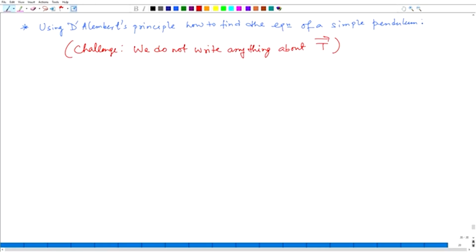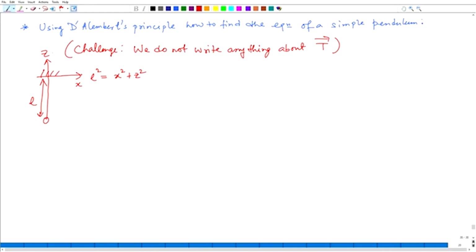For that we will just use the constraint. What is the constraint? Let us say the pendulum is moving in the xz plane and the length is fixed at L. So L square is equal to x square plus z square, given this is the x direction and this is the z direction. This is my convention.